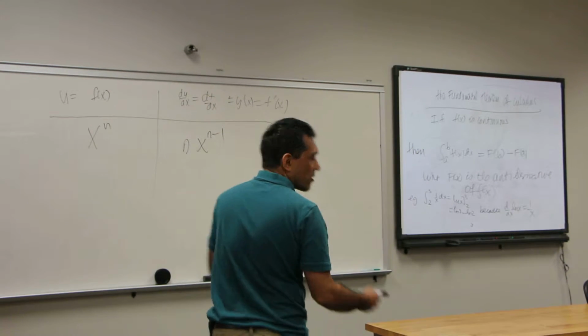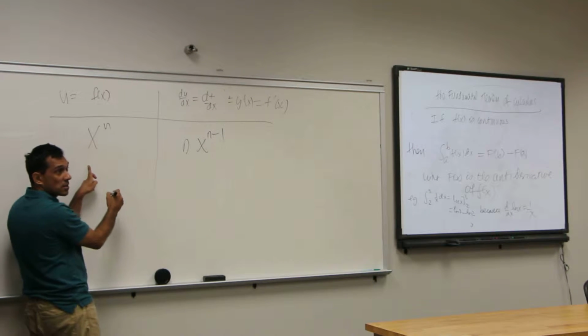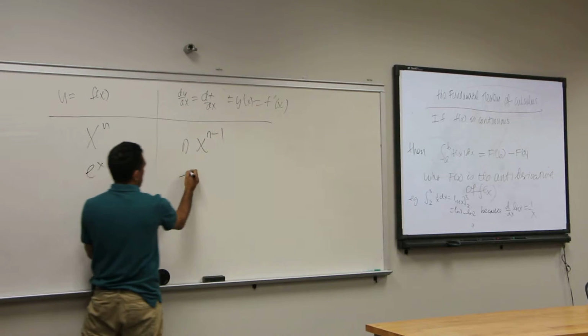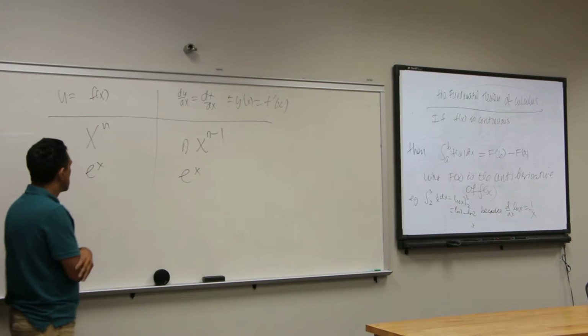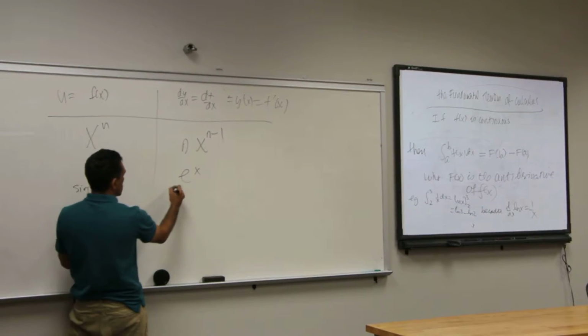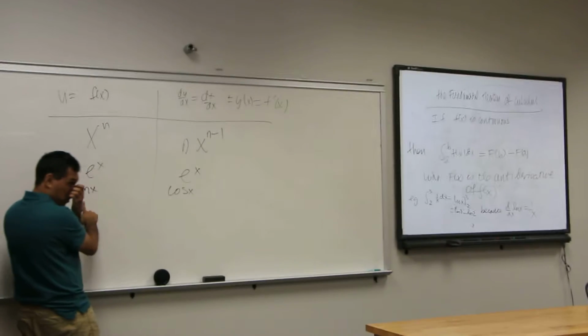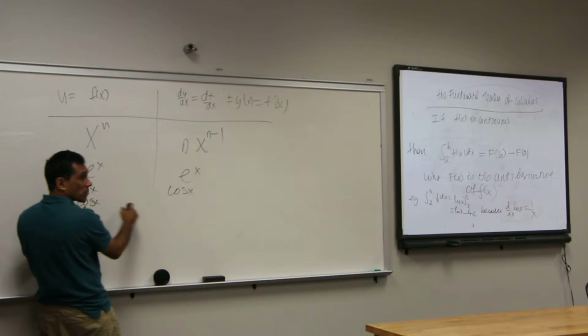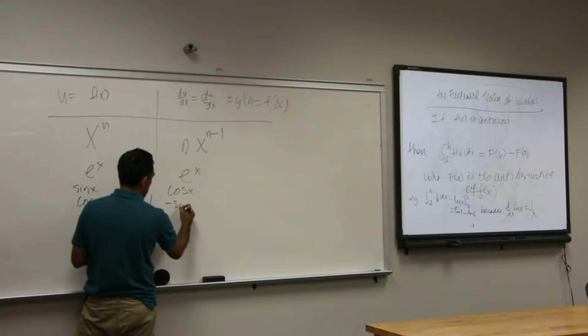You remember those? Okay. E to the x, e to the x. What else? Sin x. What is it? Cosine x. Cosine x. Negative sin x.